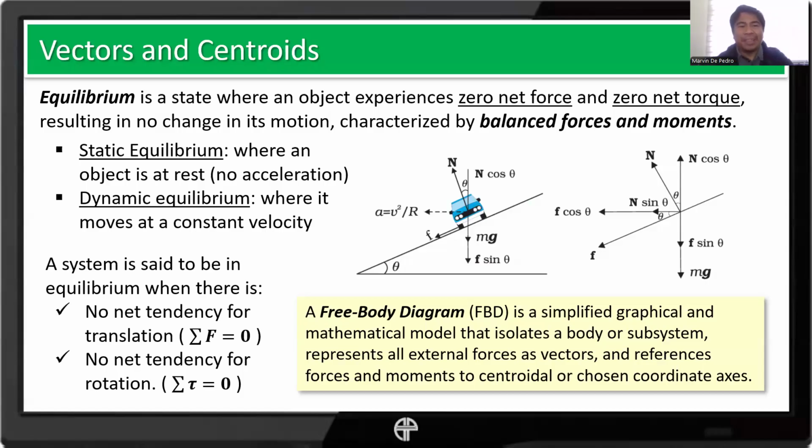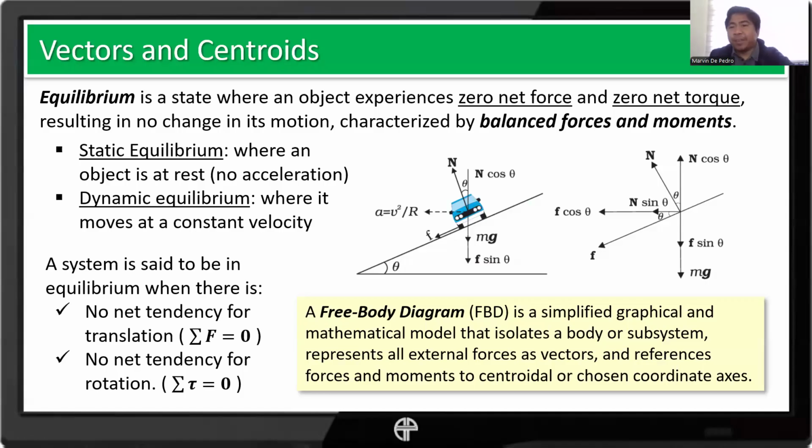Okay. And the same thing when it comes to rotation. A system is said to be in equilibrium when there is no net tendency for rotation along the x-axis, along the y-axis, and along the z-axis. And usually we analyze whether a system is in equilibrium or not with the help of a free body diagram, or FBD.